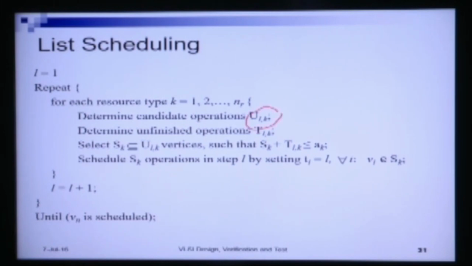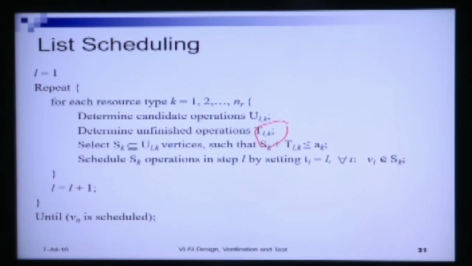ULK gives me the number of ready to schedule operations of type K at time step L. Similarly, what does TLK tell me? TLK tells me the number of unfinished operations at time step L of type K.